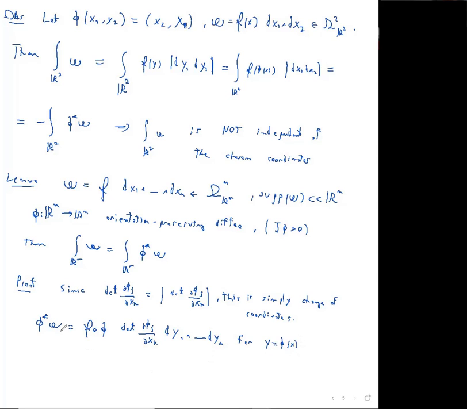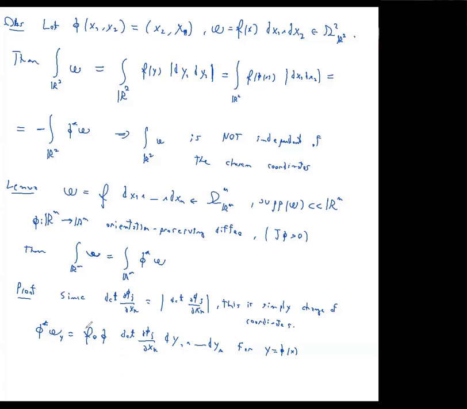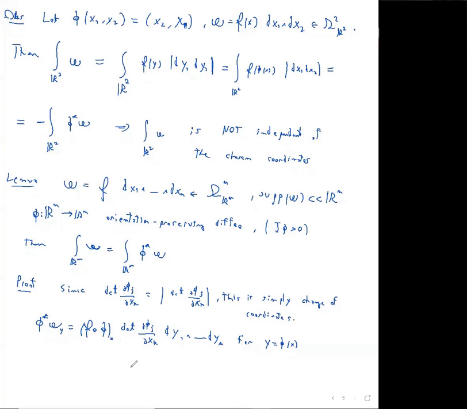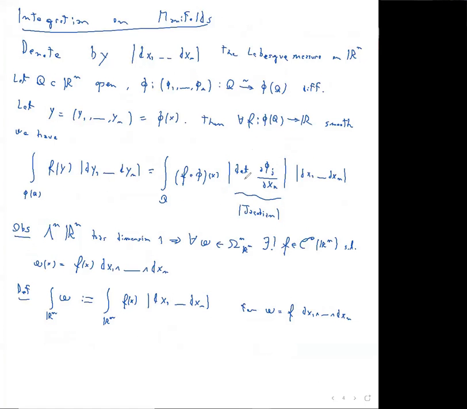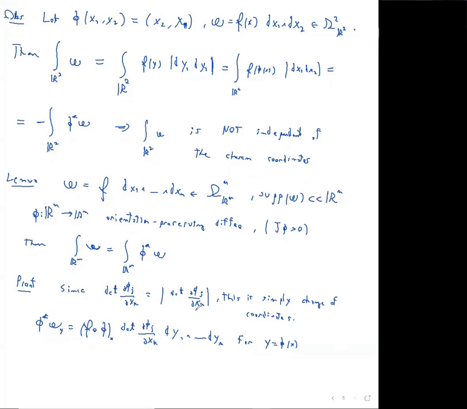So this is at the point y, and this is at the point x. And now when you write this, you're like, oh, okay, but this is my good old friend, because these are the same.